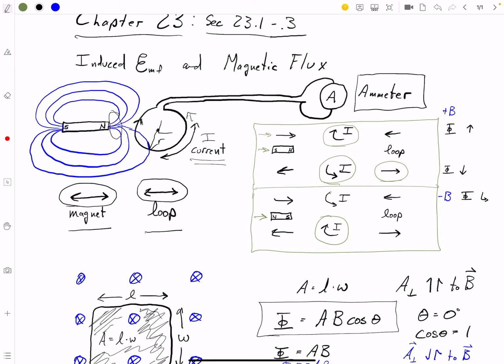Okay, so our flux is, to stay with the same symbols, our flux is dropping. And then in this situation, we still have the negative B, but our flux is increasing. Okay, when we withdraw.